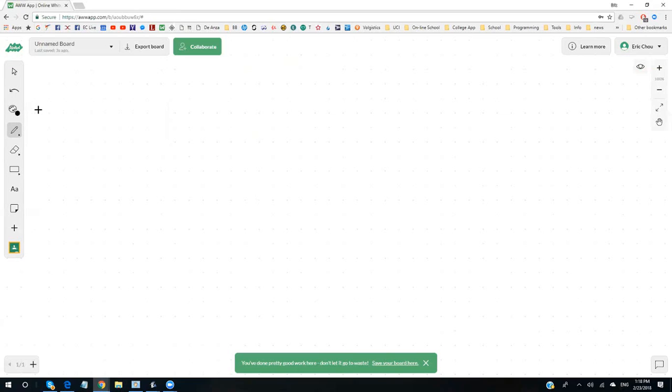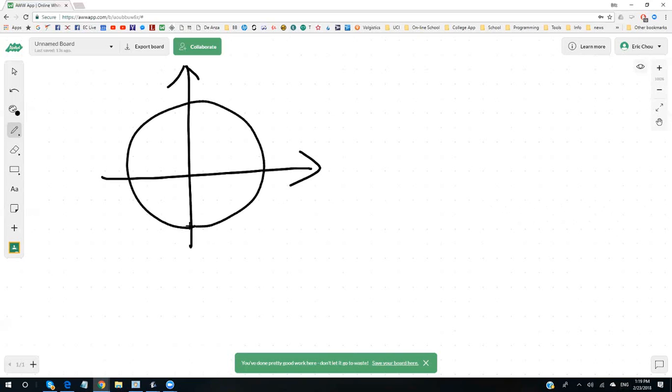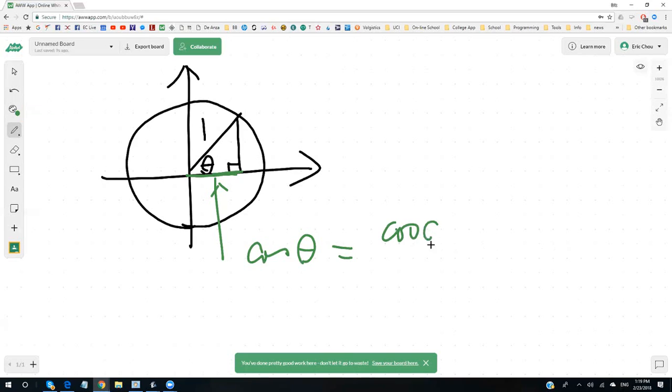Next one. This one is what I call the human circle. The radius is 1. And then here we have a theta. This is called cosine theta because it is actually cosine over 1 equals x over 1.